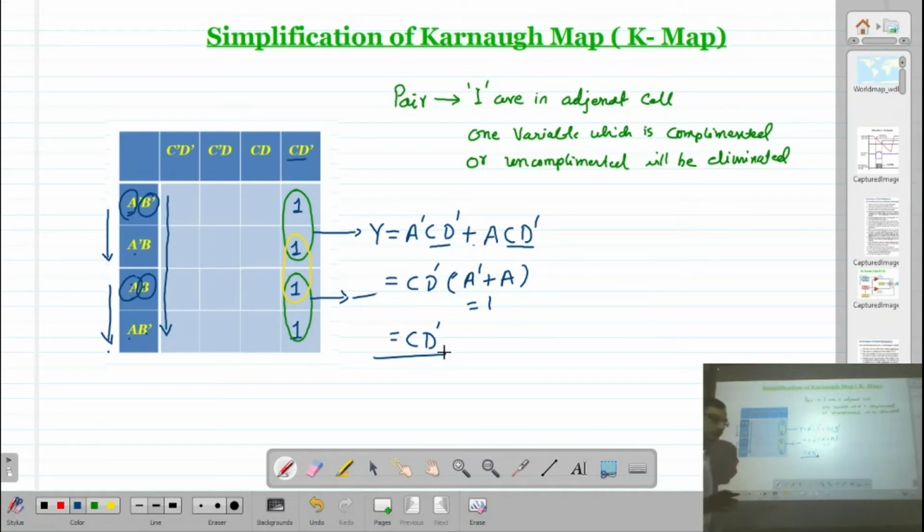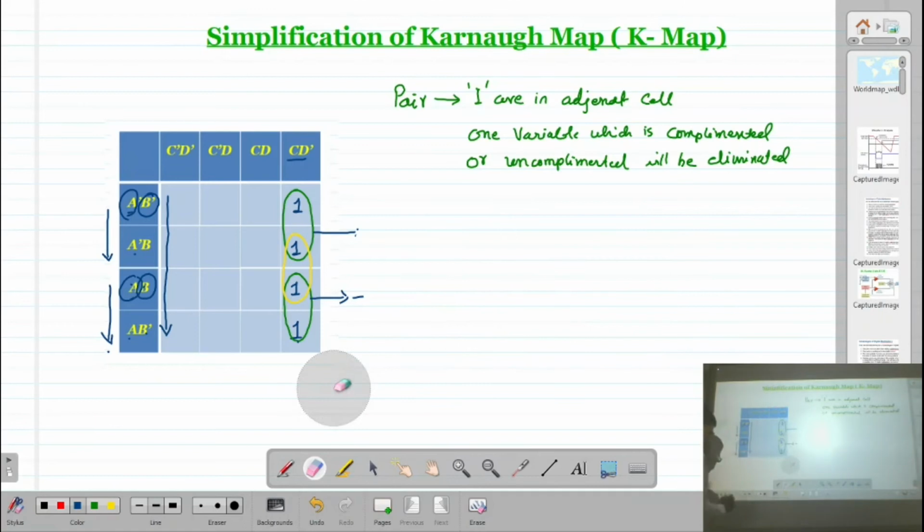So what is the conclusion? The conclusion is that if the 4 high levels are making a quad, the group of the 4 high levels is known as a quad. So if a quad is present in the Karnaugh map, then the 2 variables which are going to be complemented or uncomplemented are going to be eliminated.